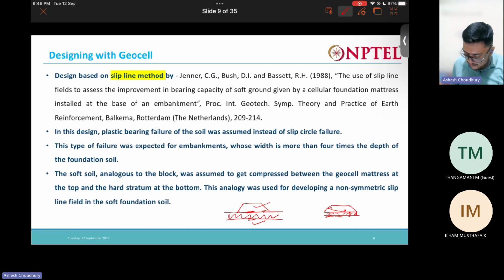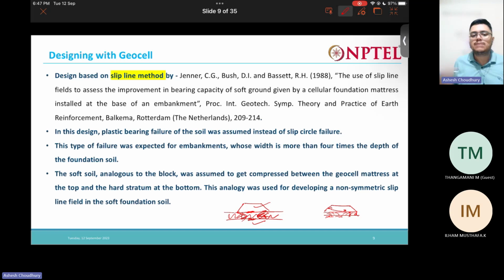This surface is rough, right? So the plastic surfaces come inwards. The plastic surfaces start to develop inwards from both directions, in the soft side. That concept is actually used to develop a non-symmetric slip line.